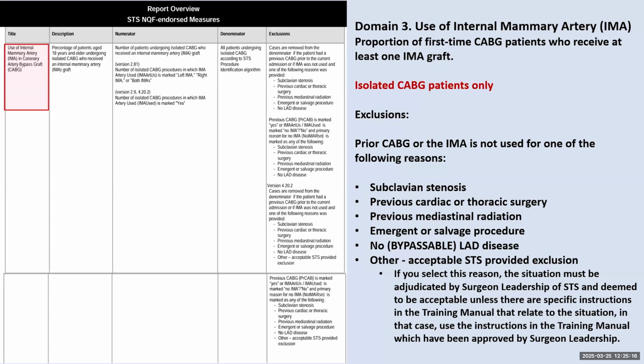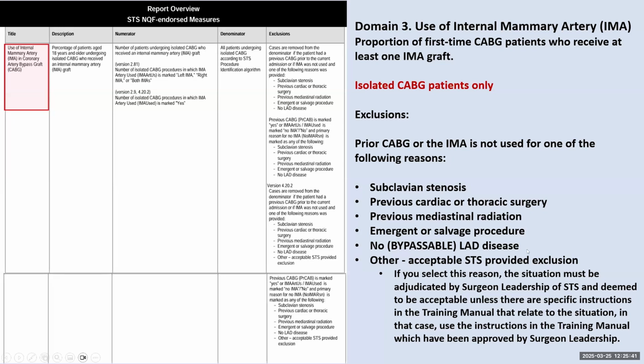This is an emergent situation. I've got to get this patient on bypass and get going here. Then you still can use that reason, because that was the reason that surgeon couldn't use the IMA in that particular situation. So if you have questions about that, let me know. I get quite a few questions about that.